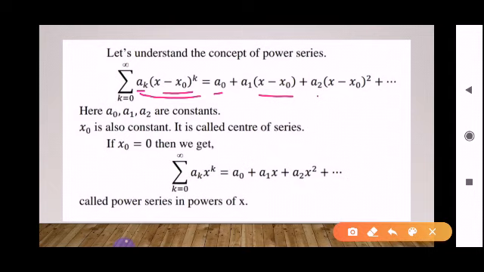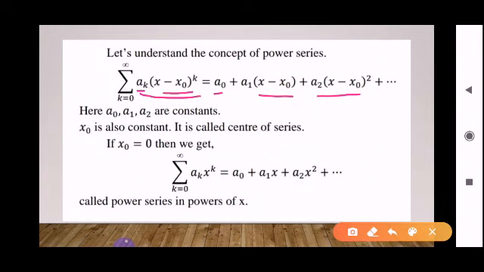Then for k equal to 2, a2 into x minus x0 to the power 2, plus so on, where a0, a1, a2 are constants, and x0 is also constant. This x0 is called the center of the series. Such a series is called a power series.